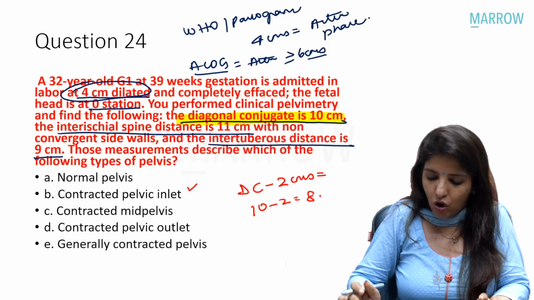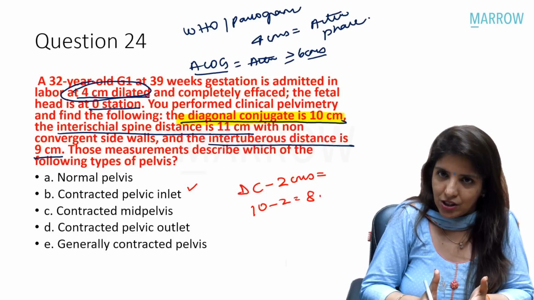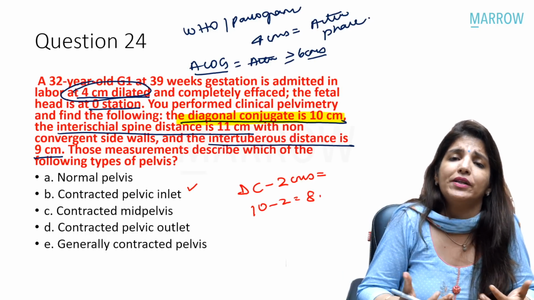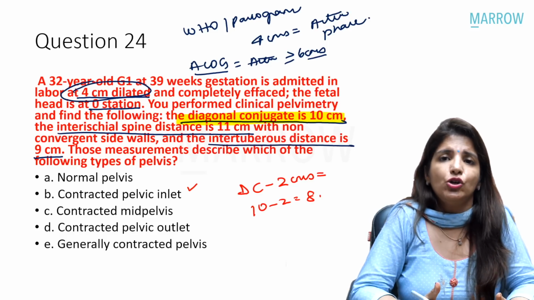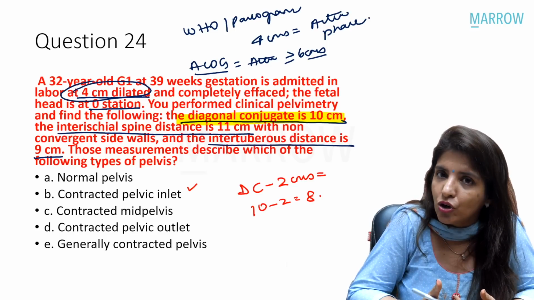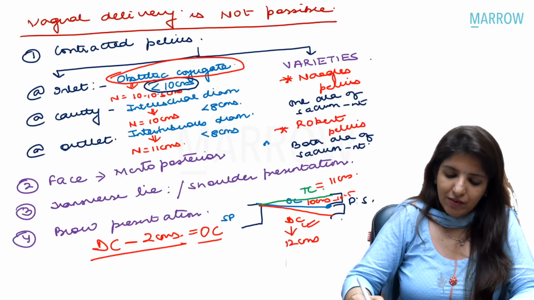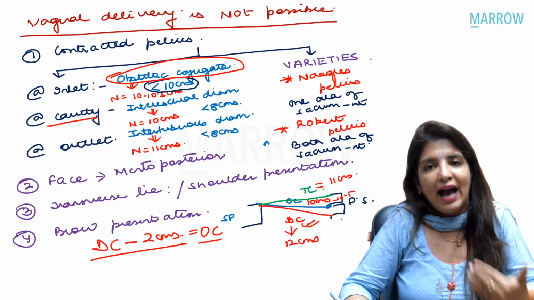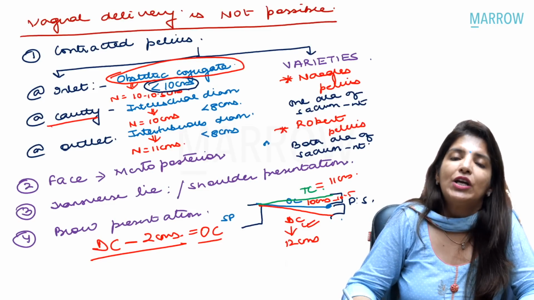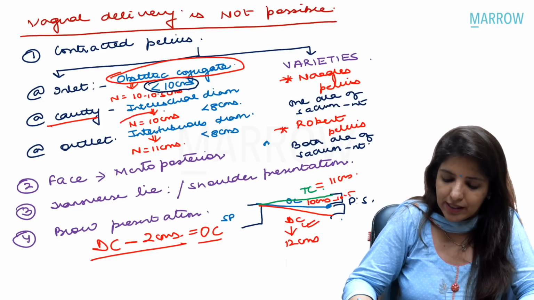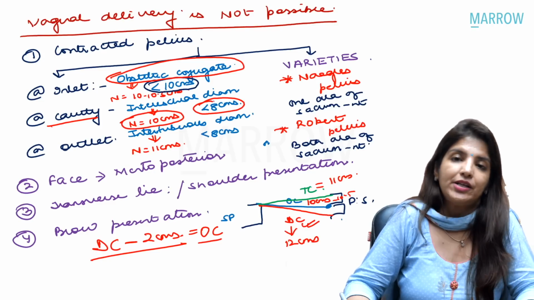But in order to call it overall contracted, I will also have to see whether mid pelvis is contracted or not and whether outlet is contracted or not, right? Now, mid pelvis or cavity is said to be contracted if interischial diameter is less than 8 centimeters.